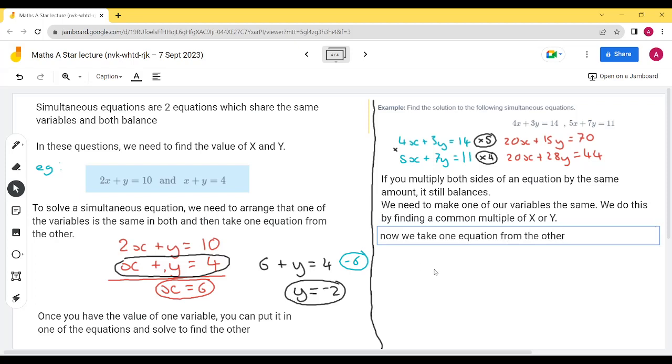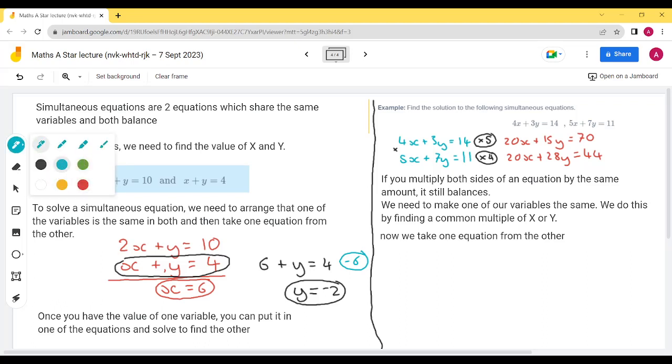And it doesn't matter which equation you put on the top, which you put on the bottom. Sometimes one will be easier than the other. Here I would say they're much the same. I'm going to do it over here on the side, but we've got 20x plus 15y equals 70. And we are going to minus 20x plus 28y equals 44.